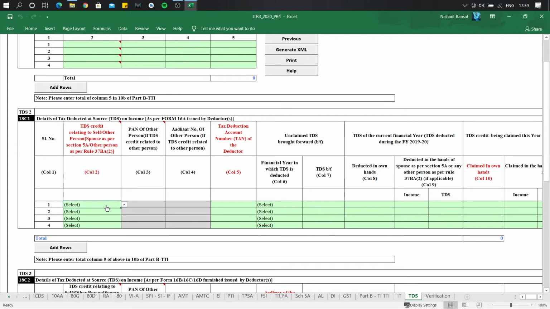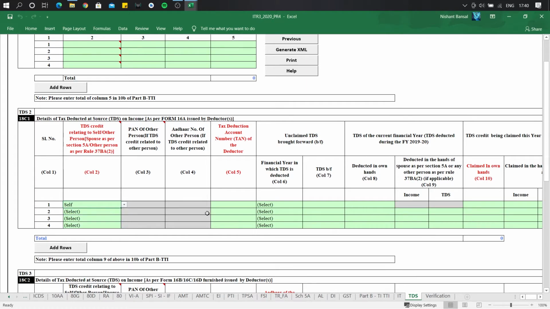And guys, mind it. The fields or columns which are shaded red are to be mandatorily filled. If we don't fill them, then the Excel utility will not calculate tax. So we have to make sure that we fill all the details which are mentioned in red letters.